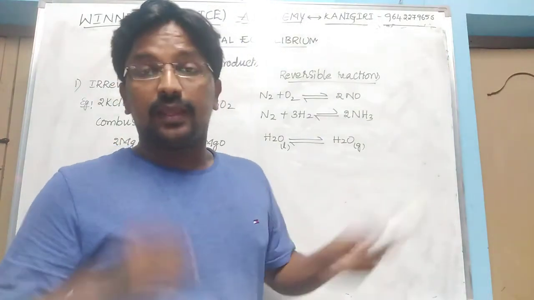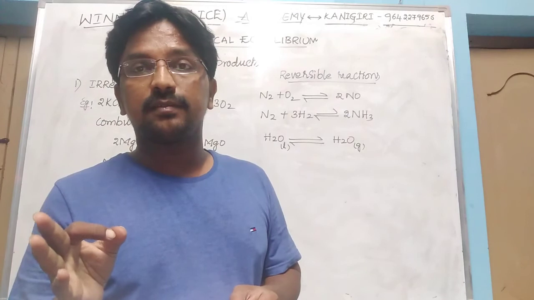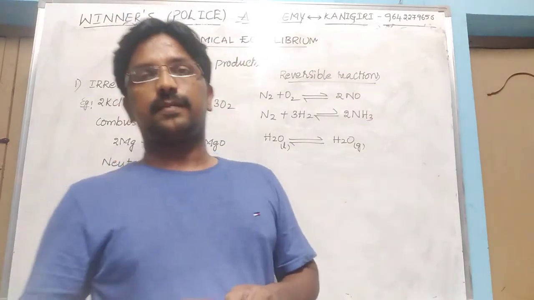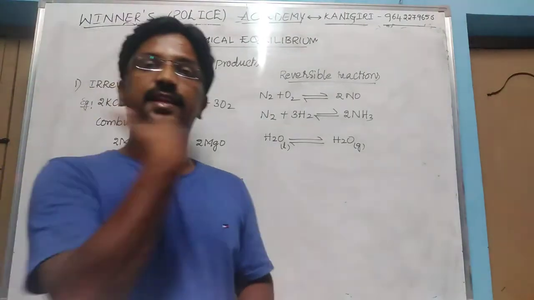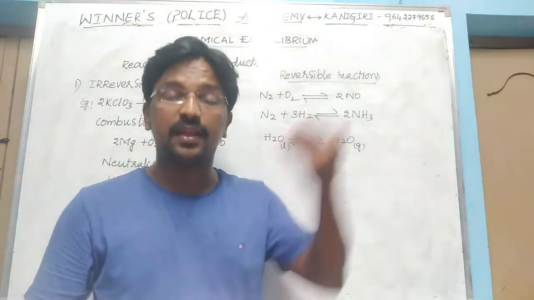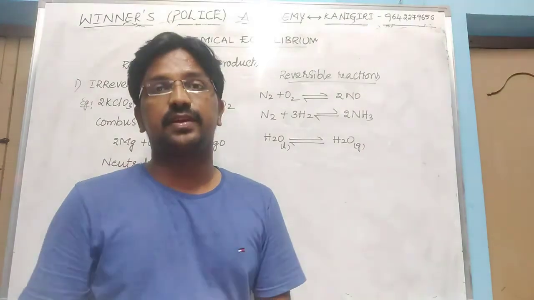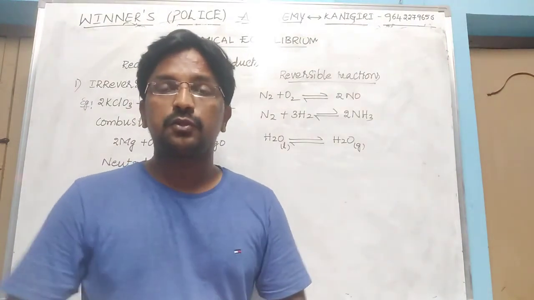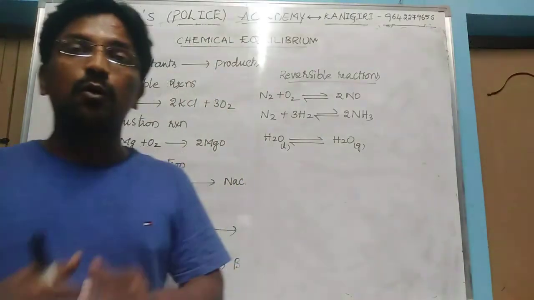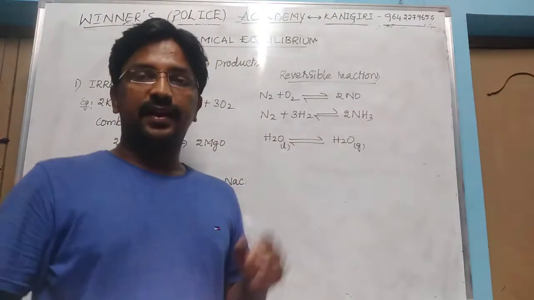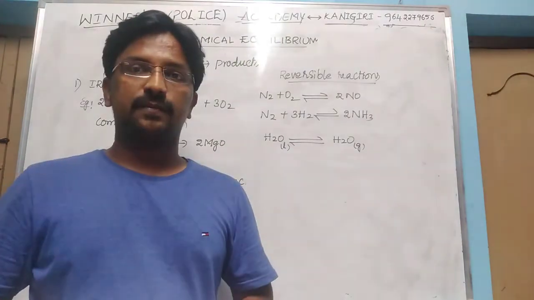If H2O is placed in an open vessel, it is not a reversible reaction. It is an irreversible reaction. The gas can evaporate and escape from the surface of the vessel. So in an open vessel it is irreversible. In a closed vessel or closed flask, it is a reversible reaction, right?